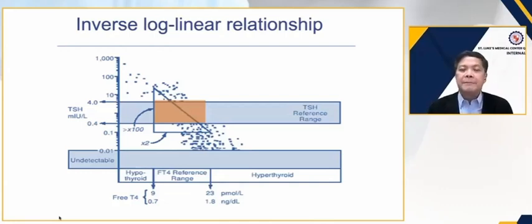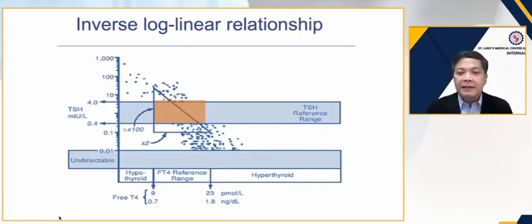We know it's inverse, but this negative feedback is so sensitive that it's inverse log linear, such that for every 1 point increase in T4, there's going to be a 100-fold drop in TSH. So there's a really wide swing of the TSH for a tiny change in T4, making TSH a very sensitive test.